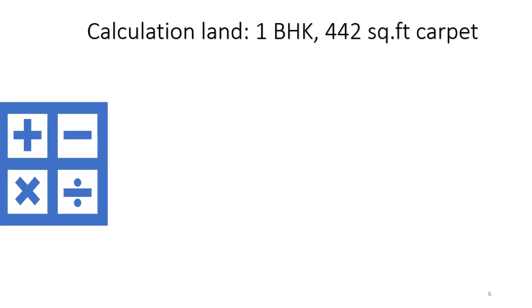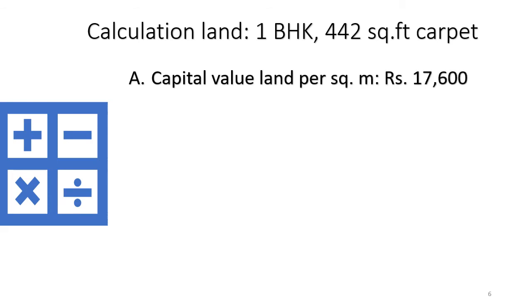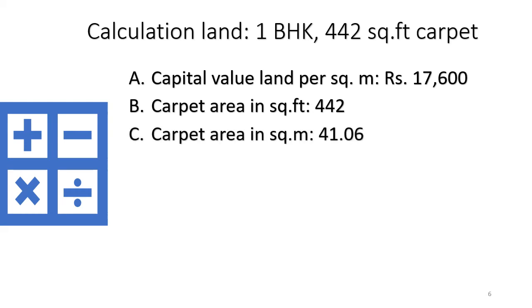Let us now look at the calculation for the land as it applies to a 1 BHK flat of 442 square feet carpet area. As we have seen earlier, the capital value of land for every square meter of FSI is 17,600 rupees. Carpet area in square feet 442, which translates to a carpet area in square meters 41.06.